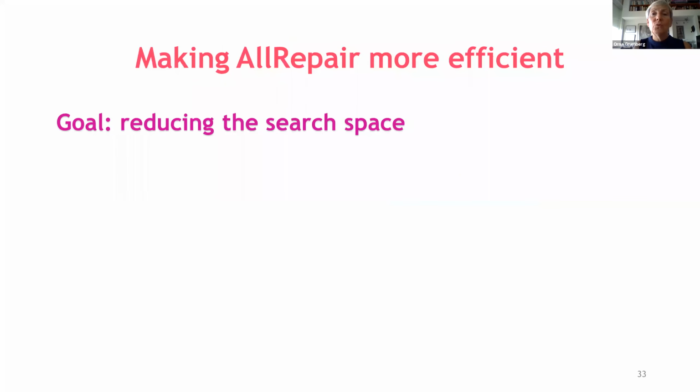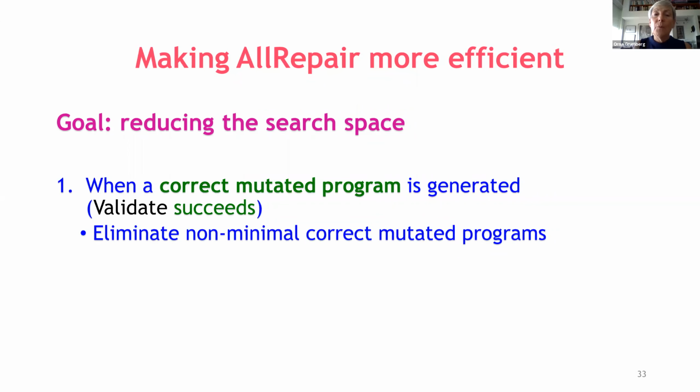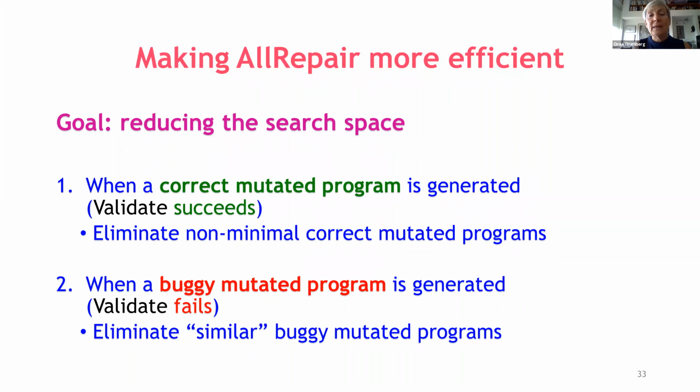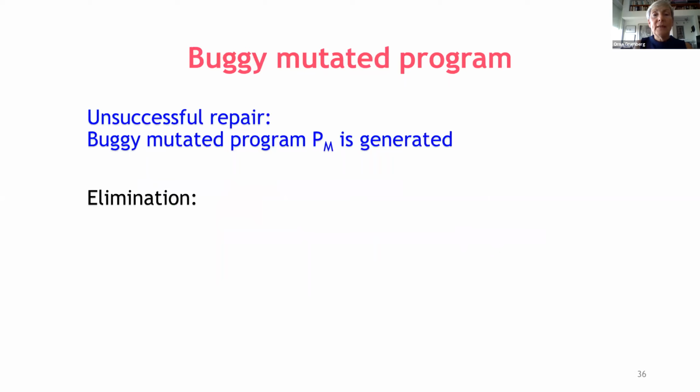But now we want to make AllRepair more efficient, and we want to reduce the search space both when a correct mutated program has been found like before, and when a buggy mutated program has been generated. So when we generate an unsuccessful patched program, let's call it PM, it contains a bug.